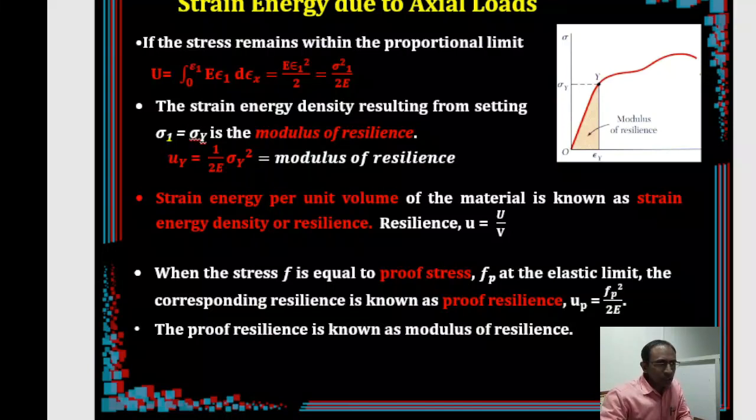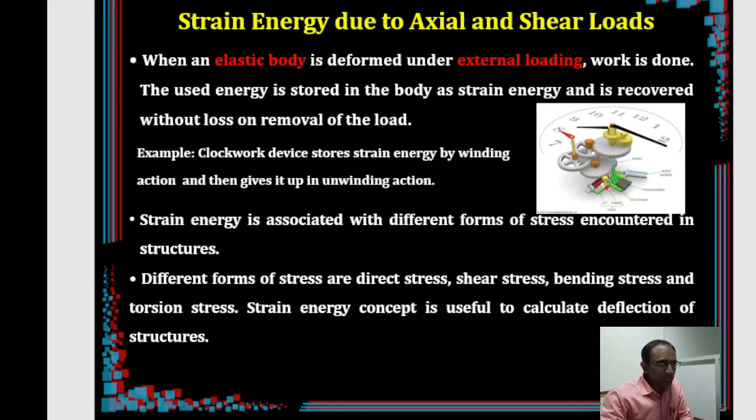Okay. So here, in summary, on the concept of strain energy, it is nothing but the internal energy stored in the elastic body due to the application of the external load, right.